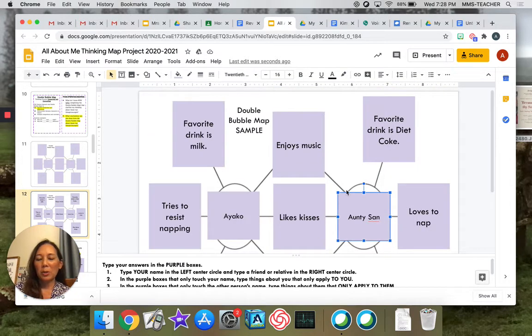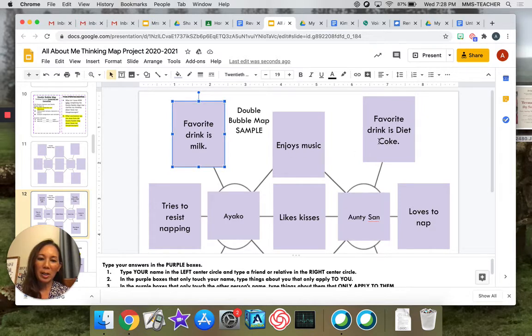Now, we're going to use the same ideas as Ayako when we want to see the similarities, when we want to see their differences. Okay? This outer edge on the right and this outer edge on the left, we're identifying differences. So you remember double bubble, similarities and differences. We started off with Ayako, and her favorite drink is milk.